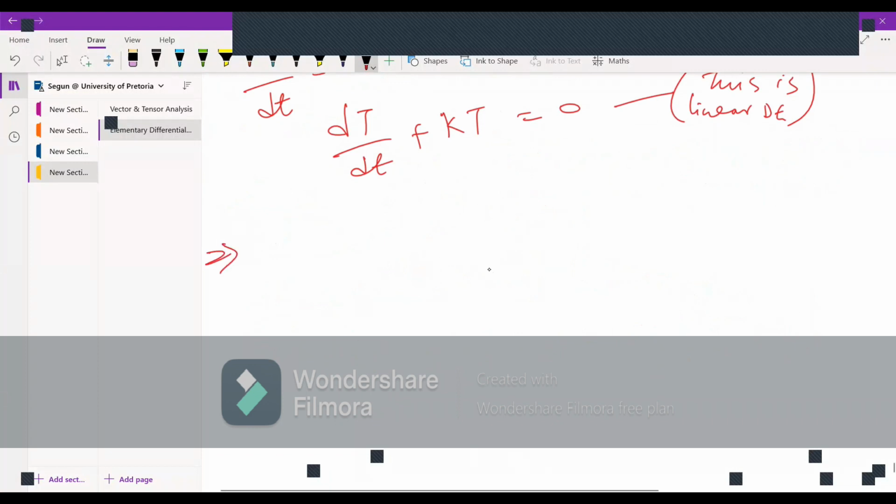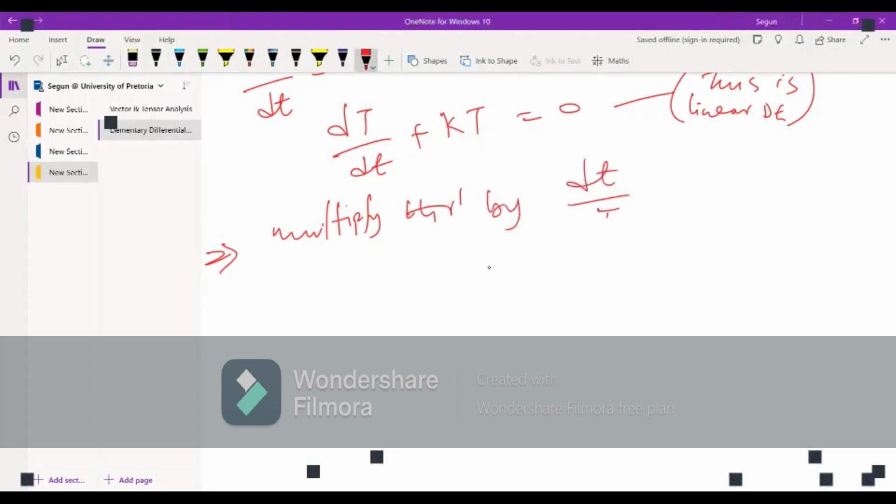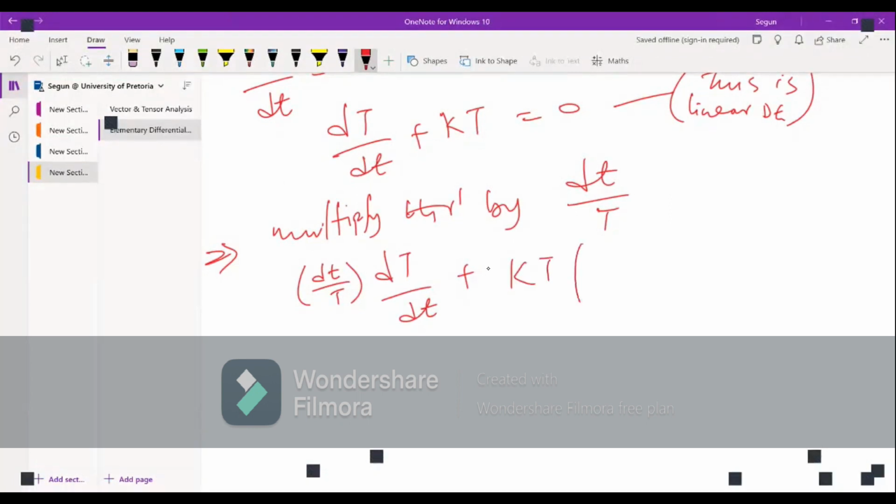So when you multiply through by dt over capital T, we have dT over capital T plus k dt equals to 0.